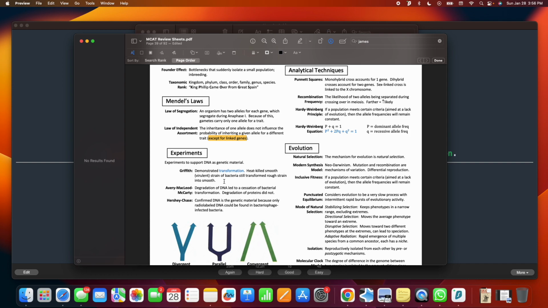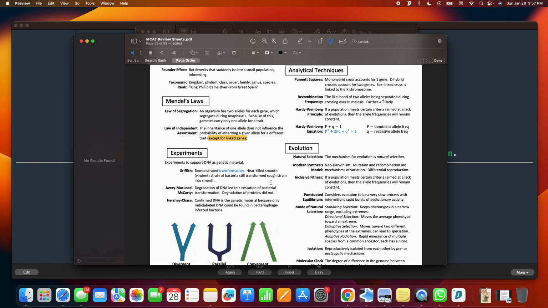The Griffith experiment basically demonstrated transformation, okay? And this transformation is fresh DNA from the environment, right? This is how we know of transformation. The heat-killed smooth strain of bacteria, which is virulent, still transformed rough strain into smooth, right?